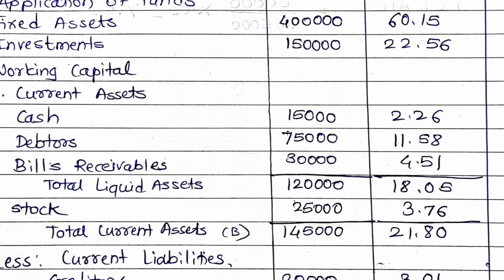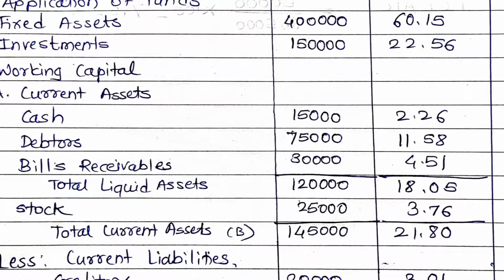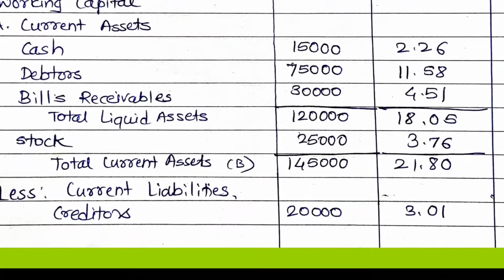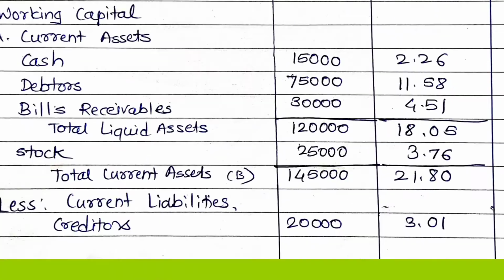Then working capital: first we will calculate all current assets. Cash, out of the total liquid assets, is 2.26% in proportion to the total capital employed. Then debtors 11.58%. Bills receivable are 4.51%. Total liquid assets are 18.05%. Non-liquid asset, that is stock, is 3.76%. So total current assets are 21.80%.